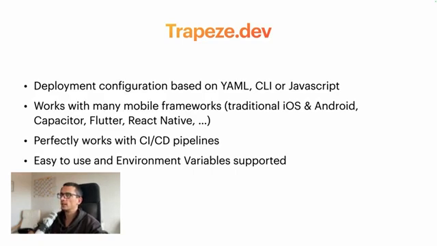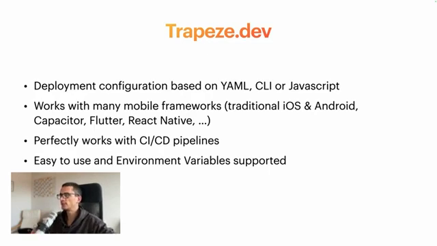You can configure your application with YAML, CLI or JavaScript using the Trapeze CLI or configuration module, and it works with nearly every framework. For example, native applications for iOS and Android, Capacitor, Flutter, React Native, you name it.